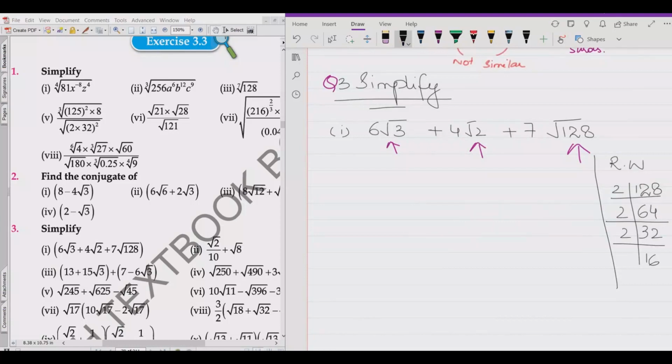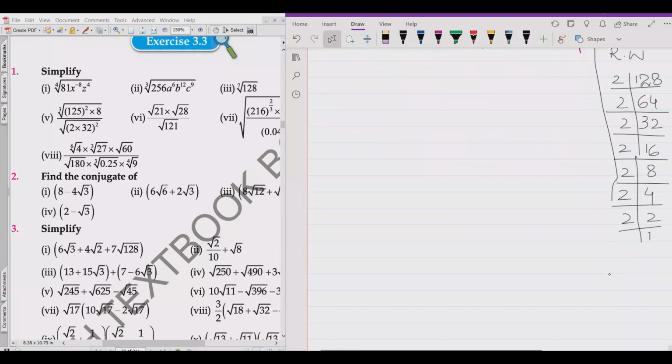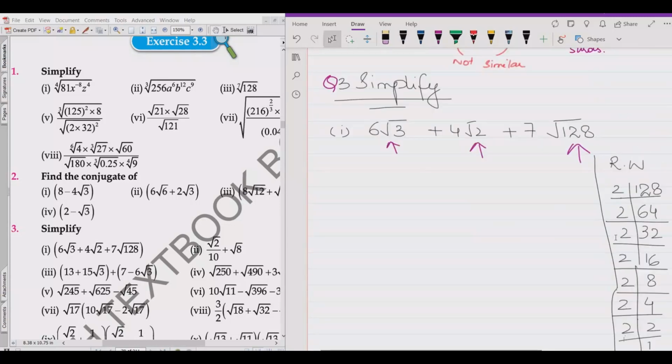Now we have 7 twos. So we will write it this way: 4 root 2 plus 7 root of 2 multiplied by 2 multiplied by 2 multiplied by 2, and so on, 7 times.